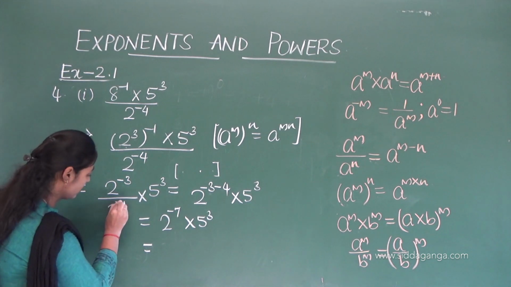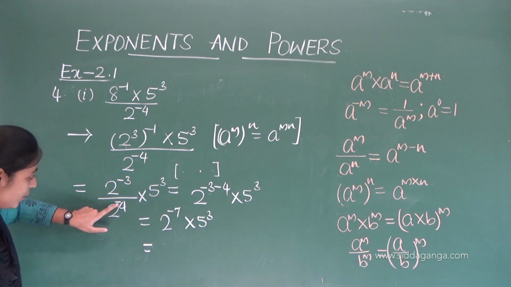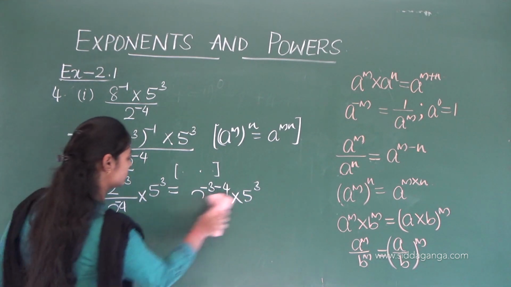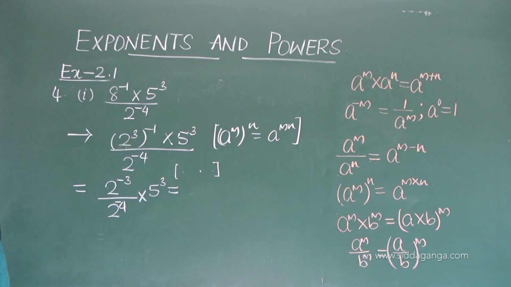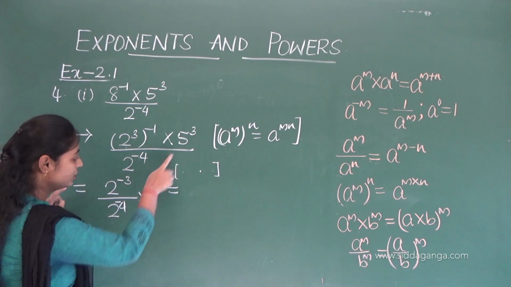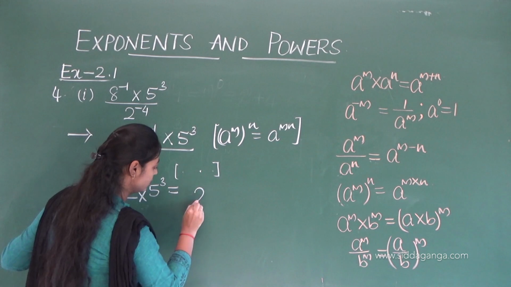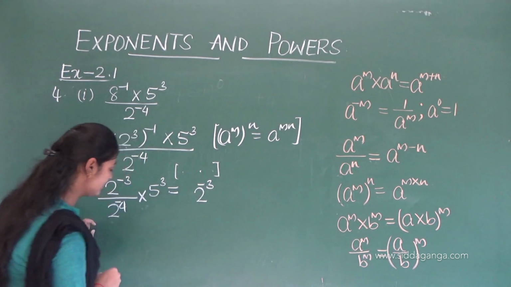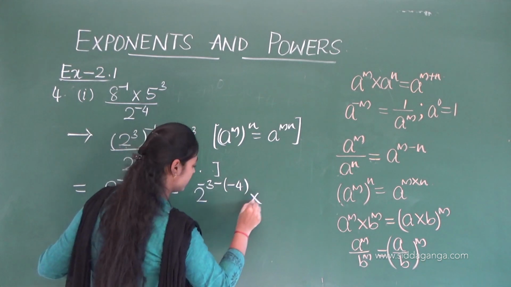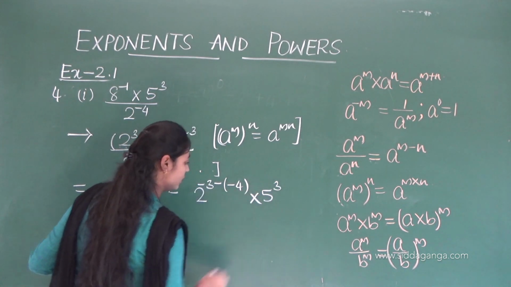Sorry. The denominator is 2 raised to the power of minus 4. So the denominator is 2 raised to the power of minus 4 into 5 cube, giving 2 to the power of minus 3 minus of minus 4 into 5 to the power of 3.